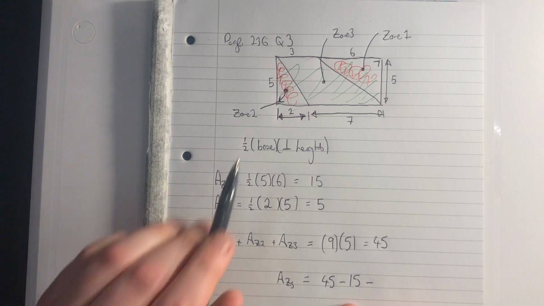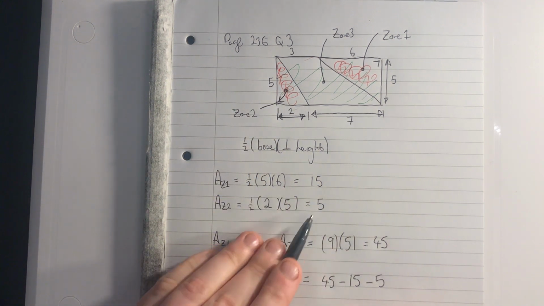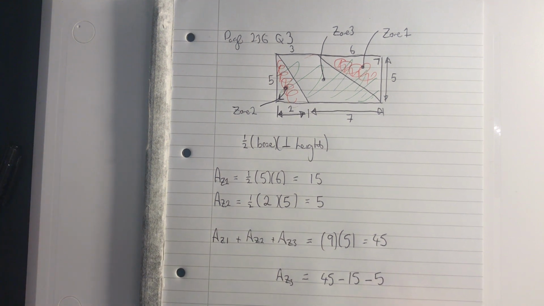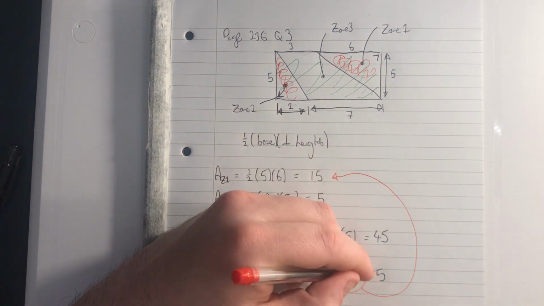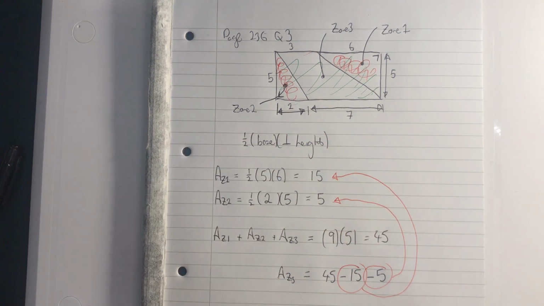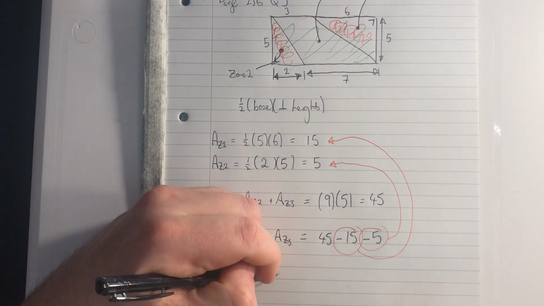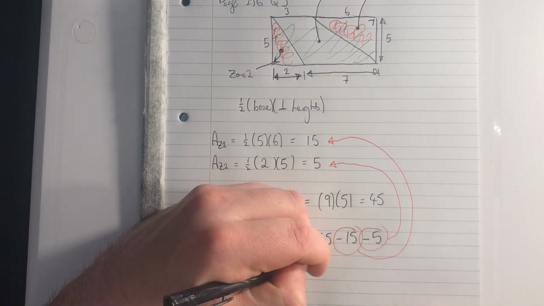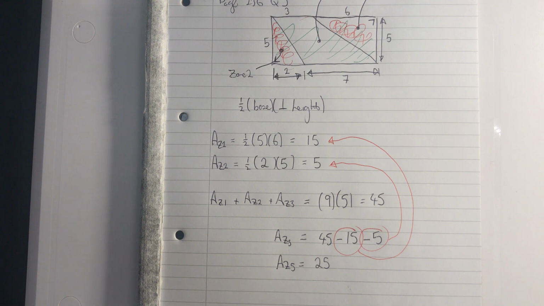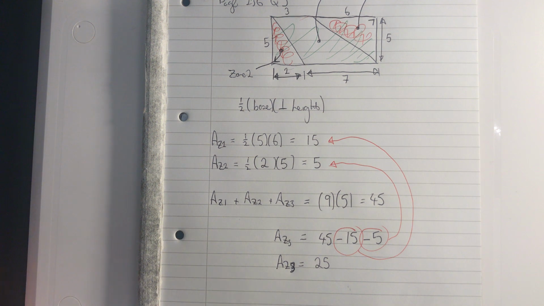And I'm also going to subtract the area of zone 2, which is 5. So what does that mean? That means the area of zone 3 is equal to 25.